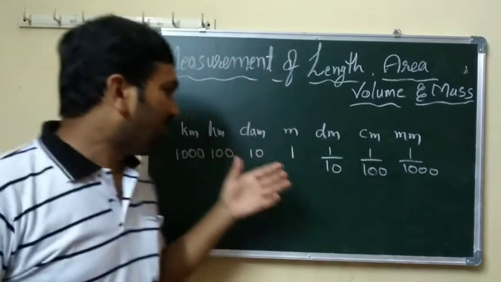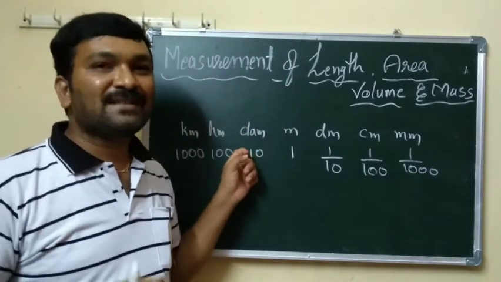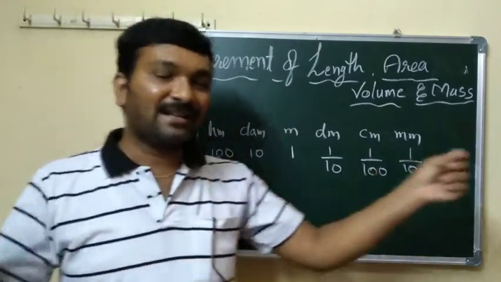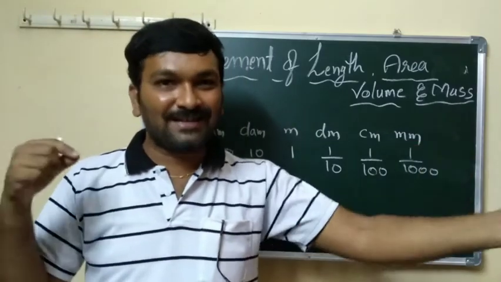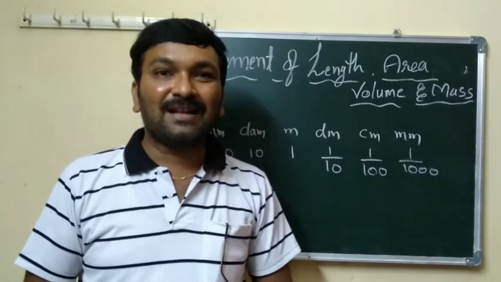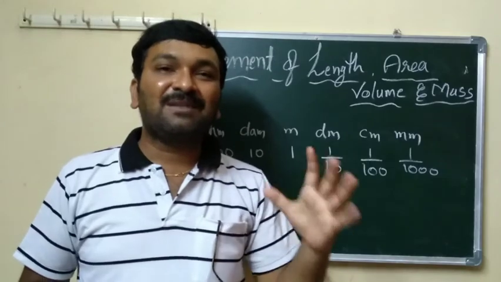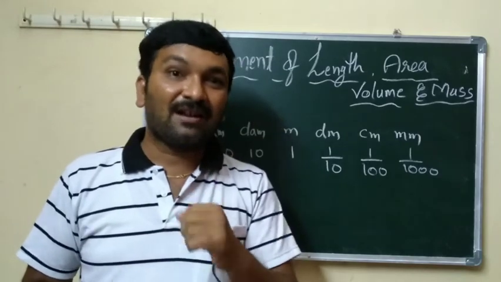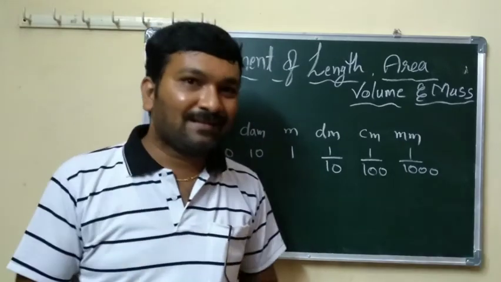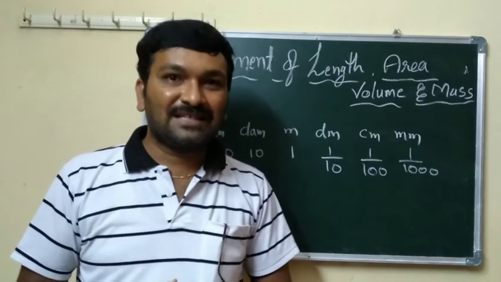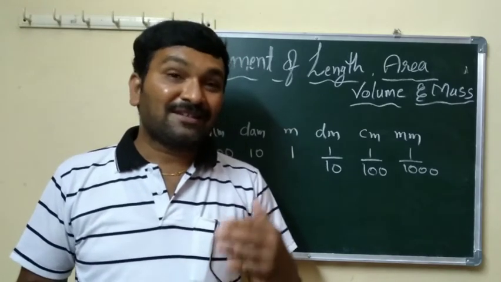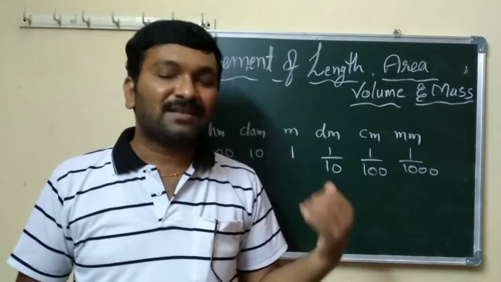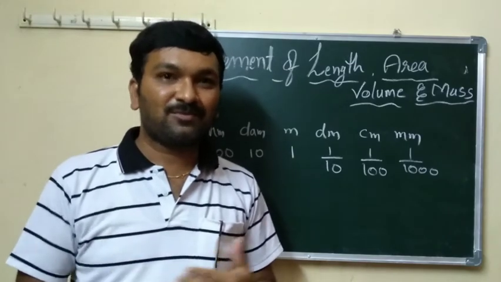Coming to this side, the multiples: if we take 1 meter 10 times, that is 10 meters, called a decameter. 100 meters, suppose your street length, is 1 hectometer.